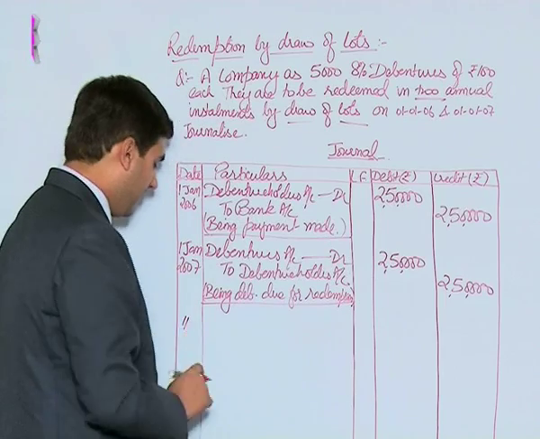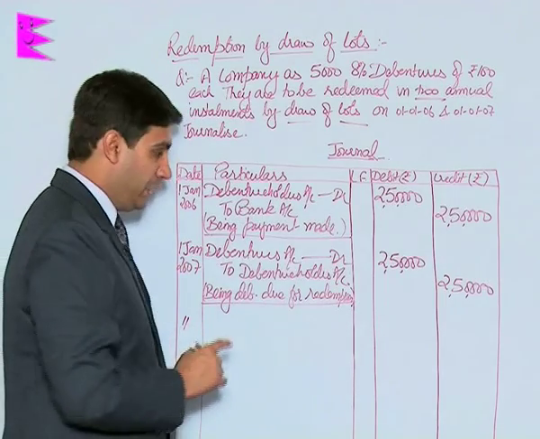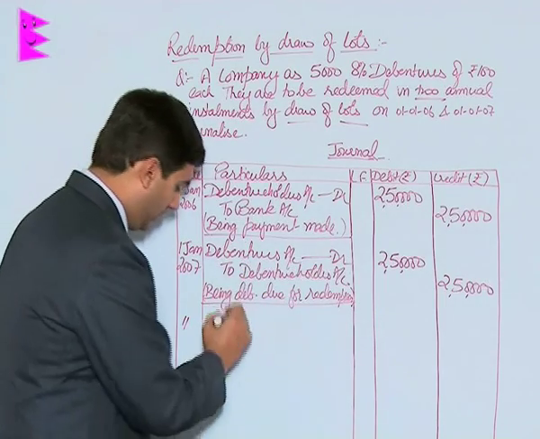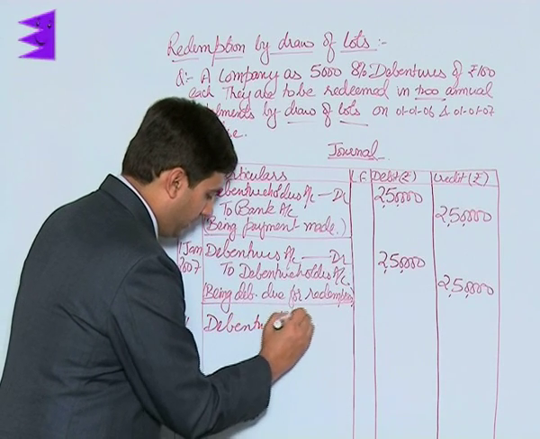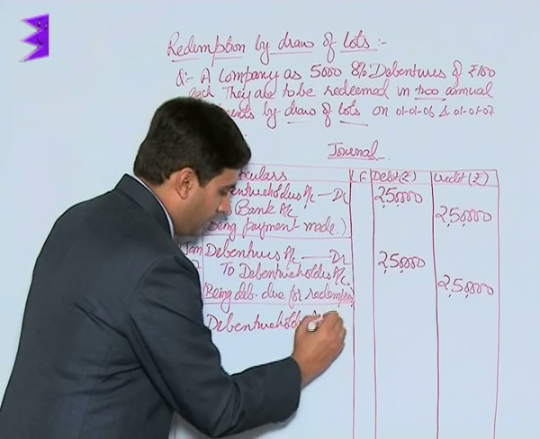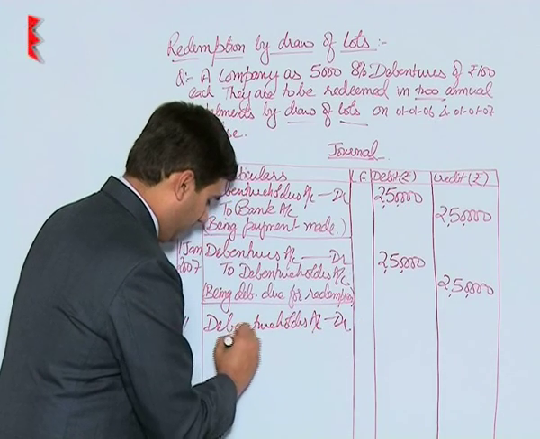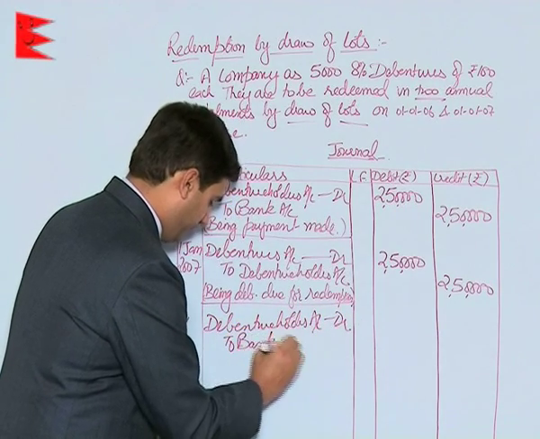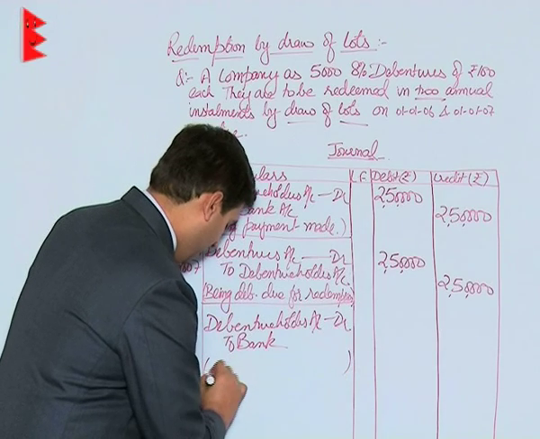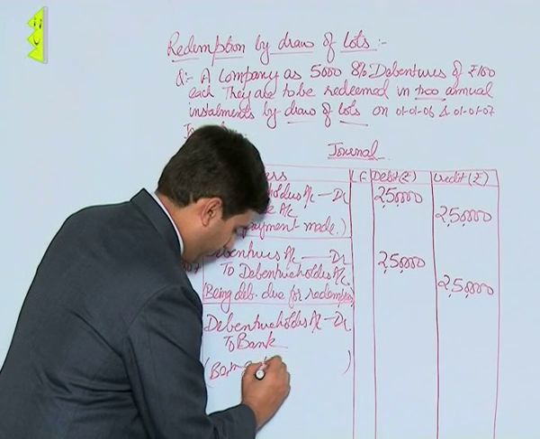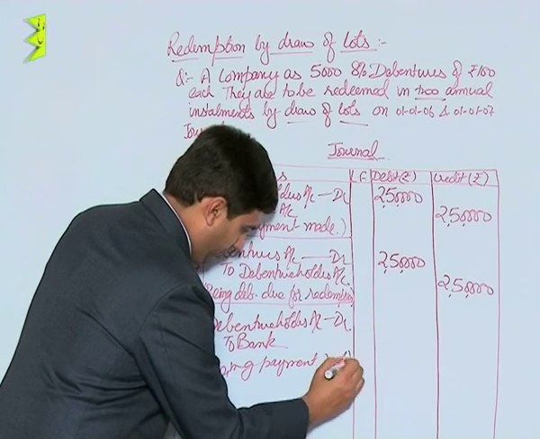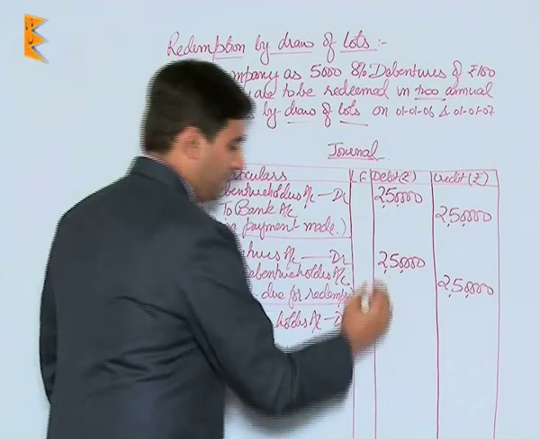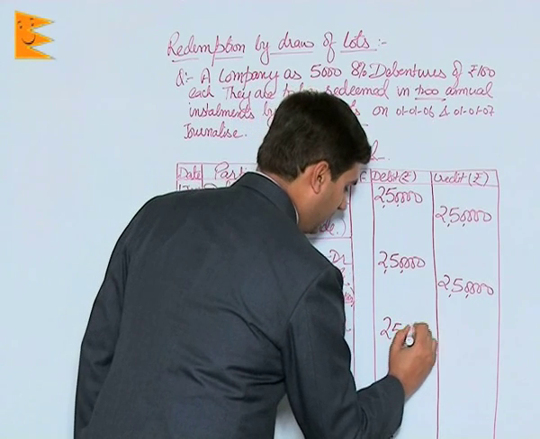Then students, next entry on 1st January 2007 would be to pay this amount to debenture holders. So entry would be debenture holders account debited to bank, being payment made. And the amount would be 2,50,000.